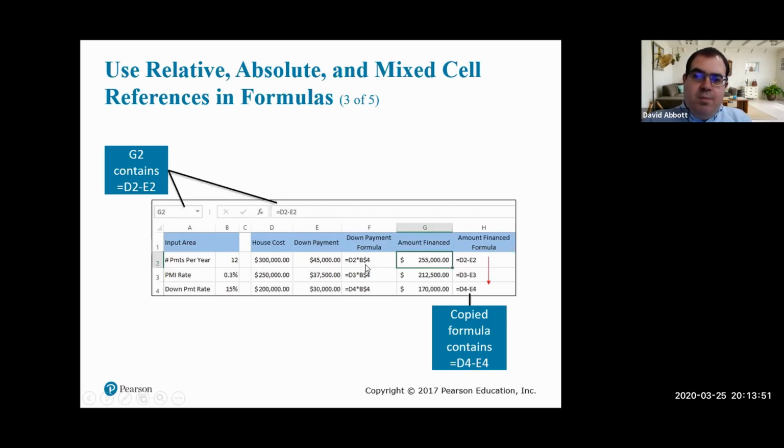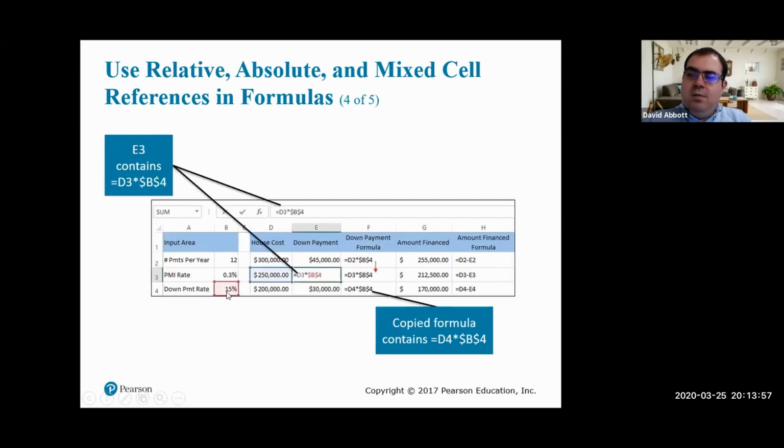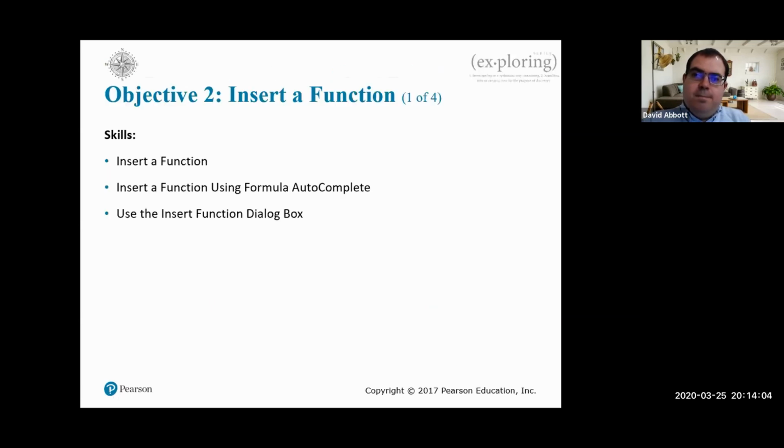It's going to change as you copy it down. But this other one here for B4, it's always going to refer to this amount right here. All right. Hopefully I've explained that well to you. Again, if there are any questions, just stop me and we'll go ahead and address those.